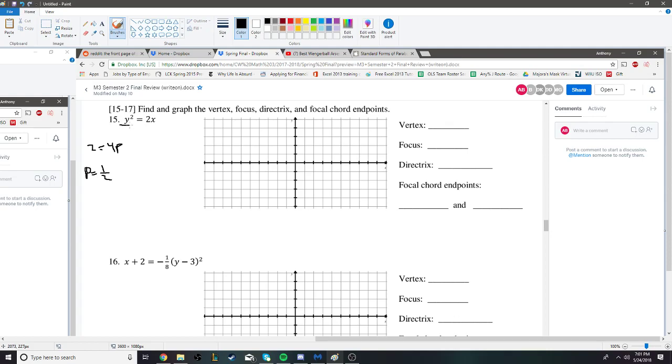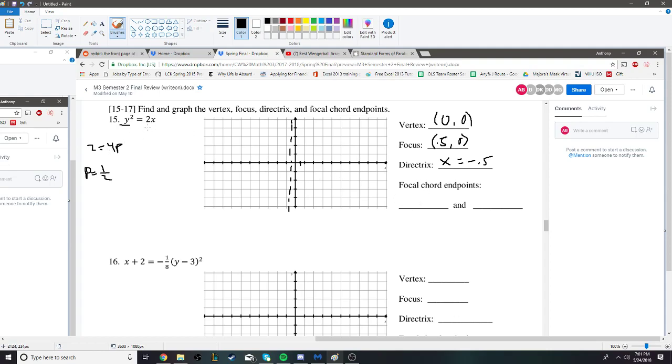Since it's a y squared, it's going to the right, so we're going to go right 1/2. Vertex is at 0, 0. Focus is going to be at 0.5, comma 0. Directrix is on the other side. So that's going to be at x equals negative 0.5.